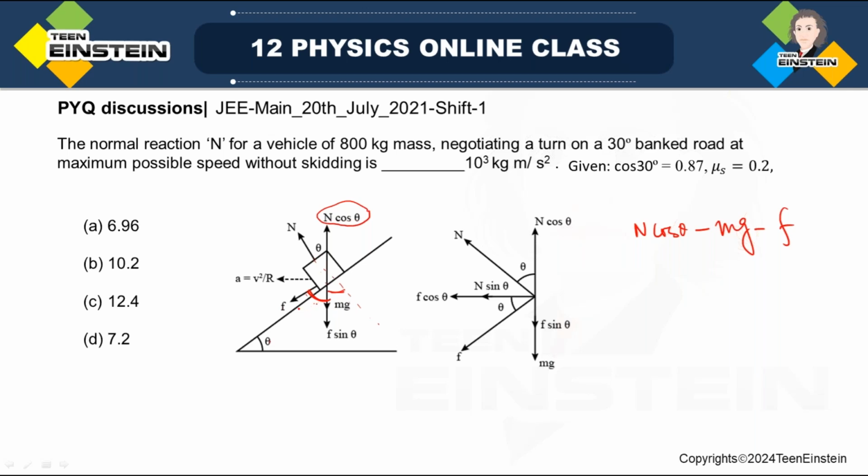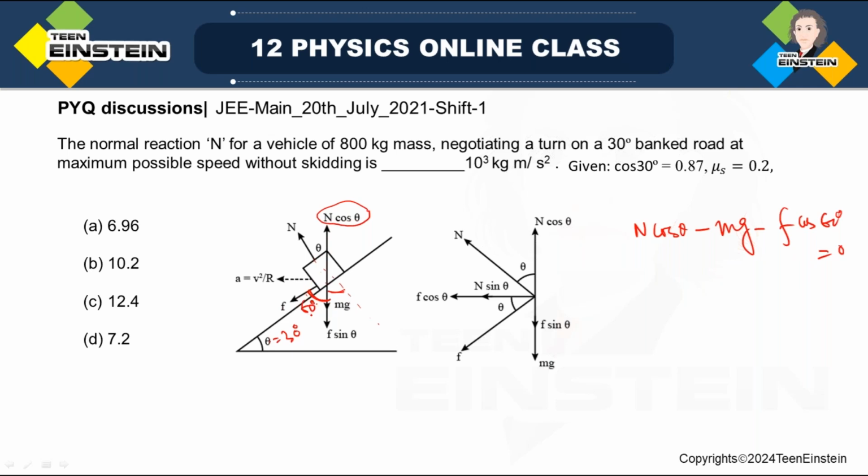Here the angle of banking is given as 30, so this will be 60. So I have to write f cos of 60. And these will balance each other, so that there will be no vertical motion.